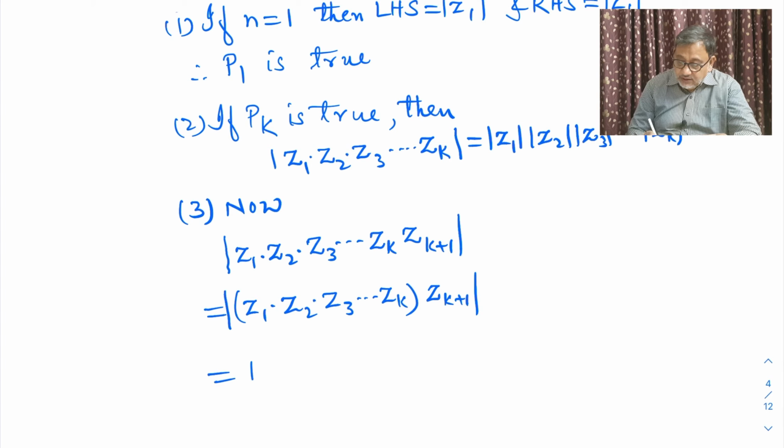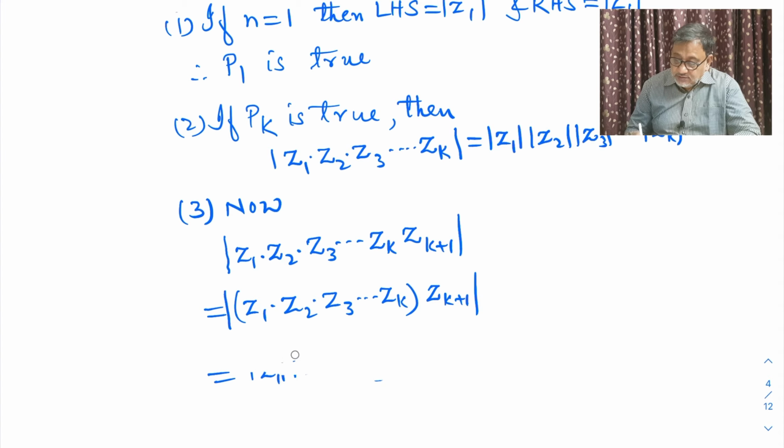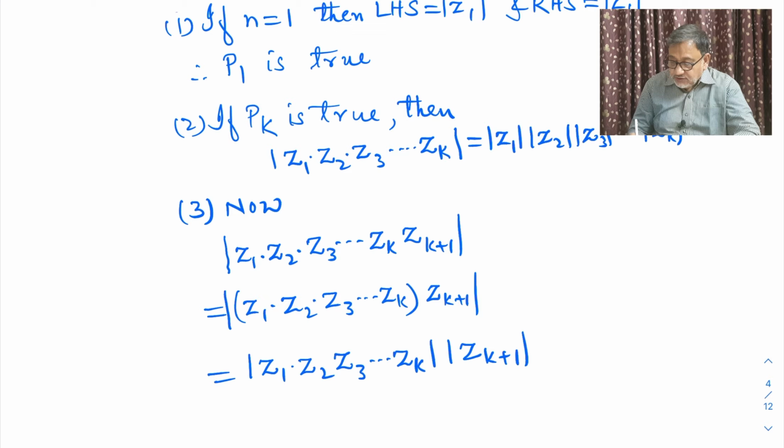So therefore I will write this is equal to modulus of z1, modulus of z2, modulus of z3 and so on modulus of zk, and the last one modulus of zk plus 1.